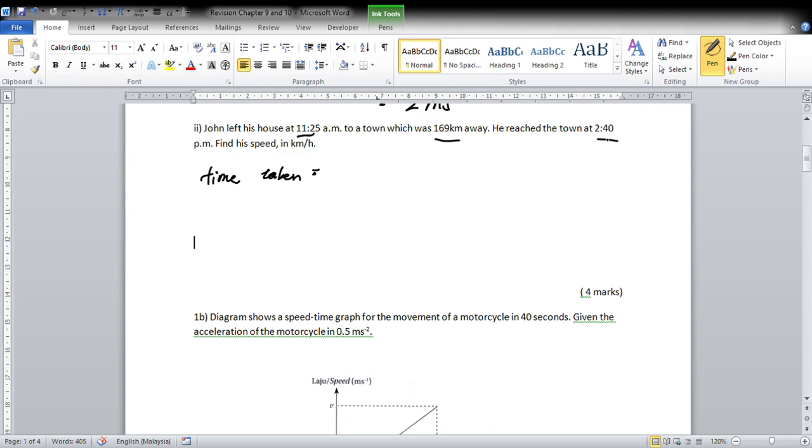Usually we're going to change this 2:40 to its equivalent in the 24-hour system, which is 1440 hours.